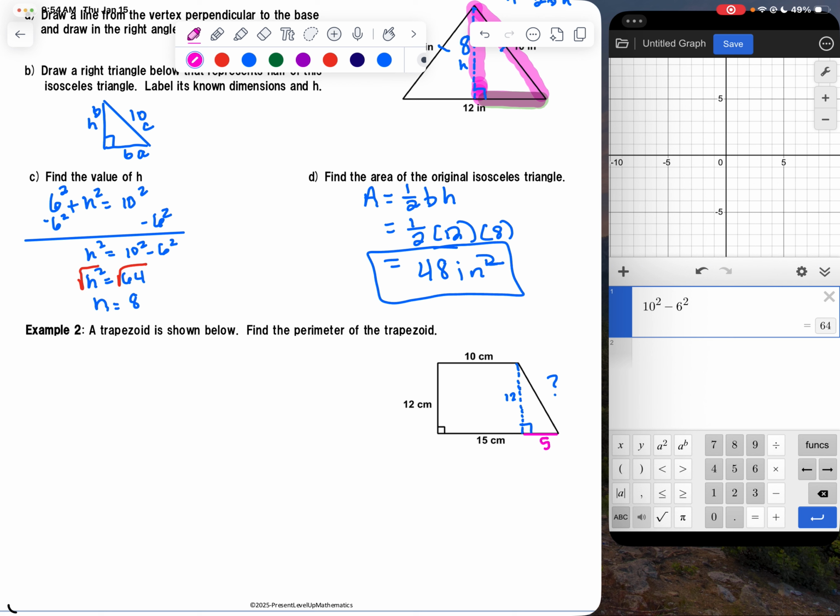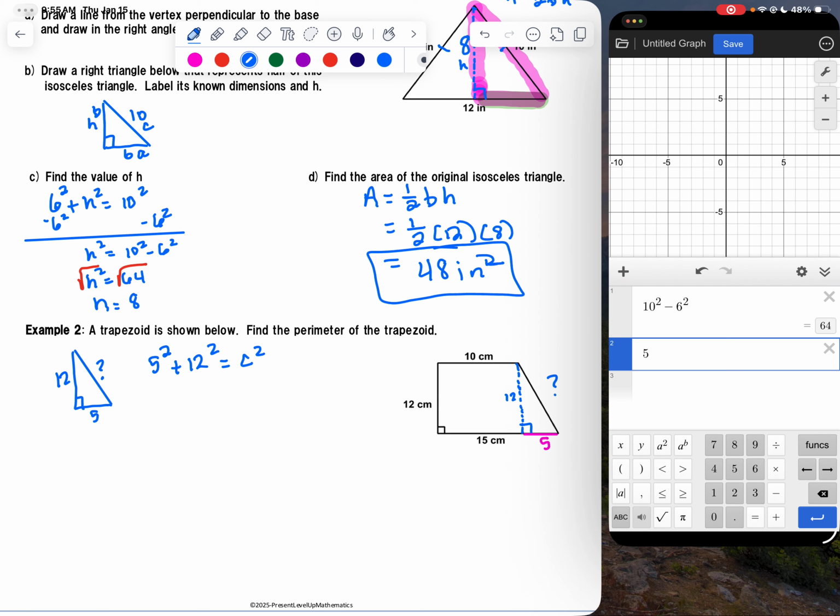All right. So we can use the Pythagorean Theorem again because we have a right triangle. So let me draw a model of what we're trying to solve here. We have a triangle that has a long leg of 12, a short leg of 5, and a hypotenuse right here. We want to know the length of the hypotenuse. So we know that 5 squared plus 12 squared has to equal c squared.